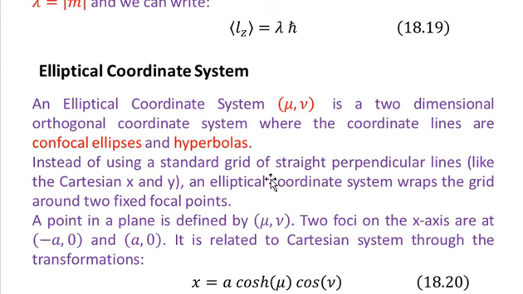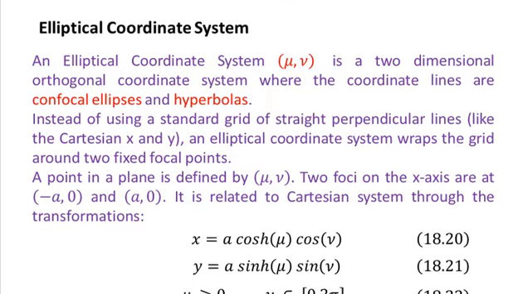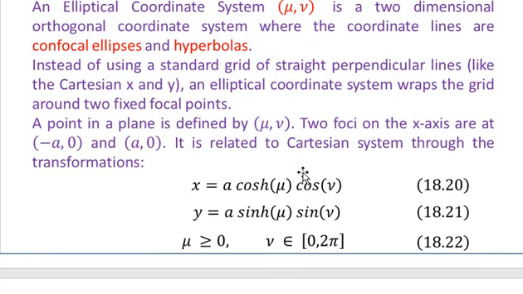Instead of using a standard grid of straight perpendicular lines like the one we use in the Cartesian coordinate system, an elliptical coordinate system wraps the grid around two fixed focal points. A point in a plane is defined by mu, nu. The two foci on the x-axis are at minus a, 0 and plus a, 0.